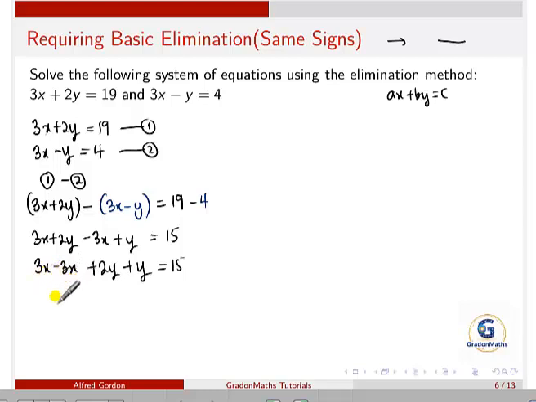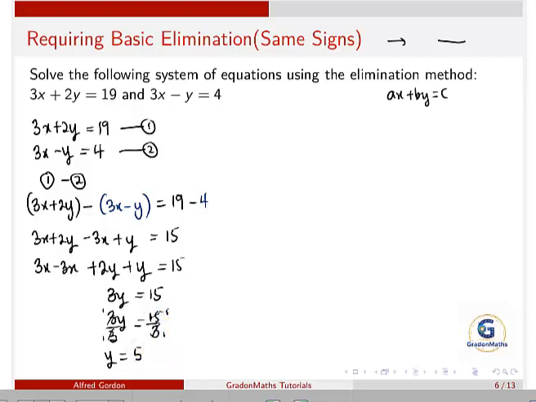So 3x minus 3x gives us 0, but 2y plus y gives us 3y is equal to 15. Then we divide both sides by 3. 15 divided by 3 is 5, so y is equal to 5.